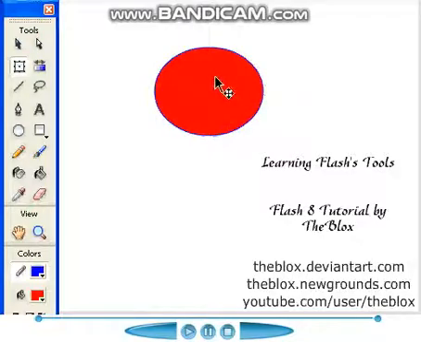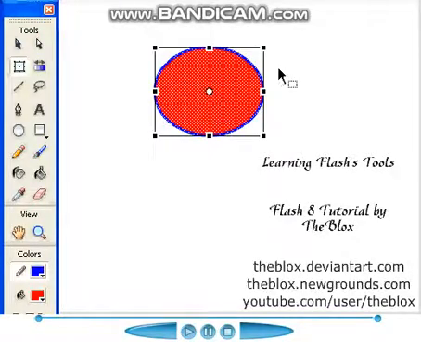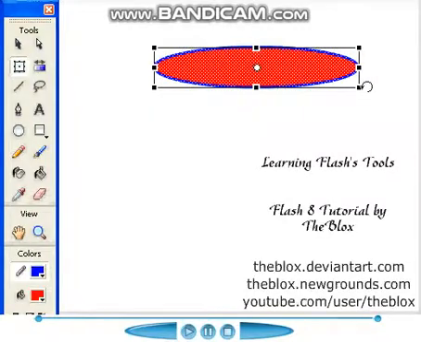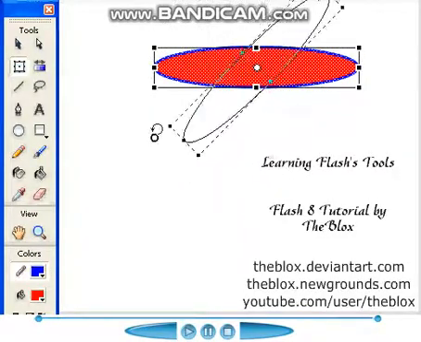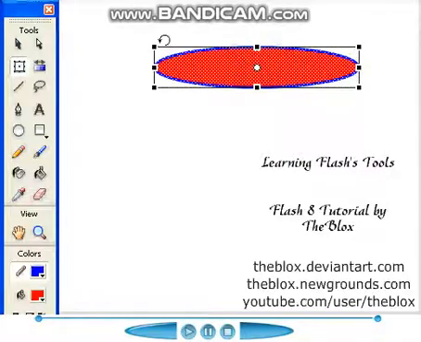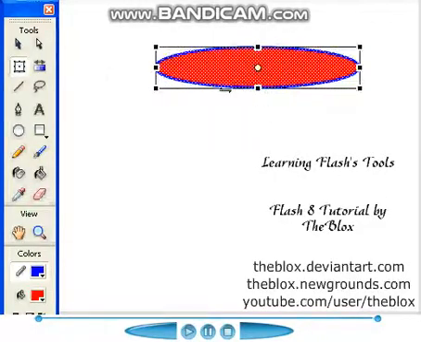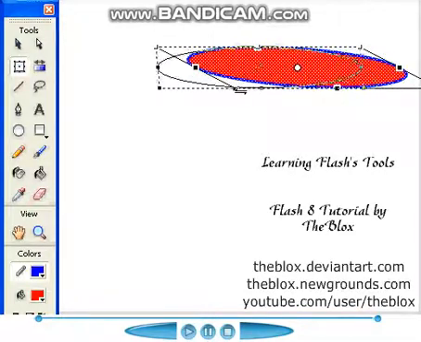And then, now back to this tool. You can stretch it. You can rotate it. If you hold shift when you rotate, it will snap at 45 degrees. You can kind of make a, I don't know, what do you call this?